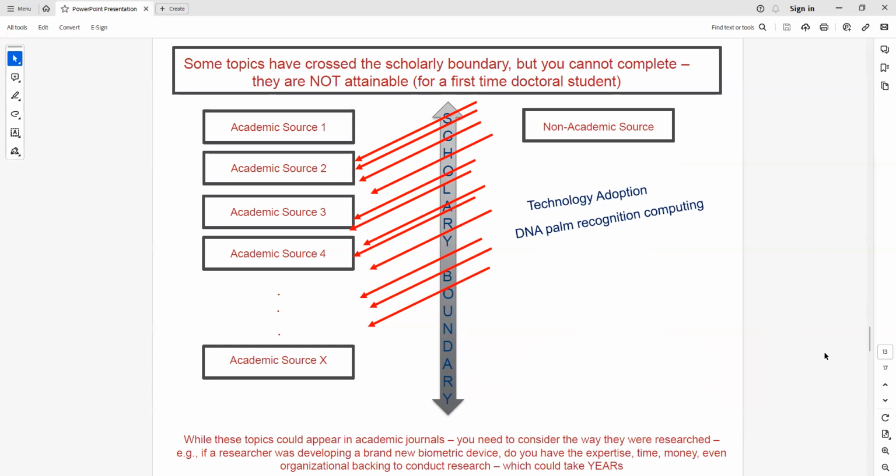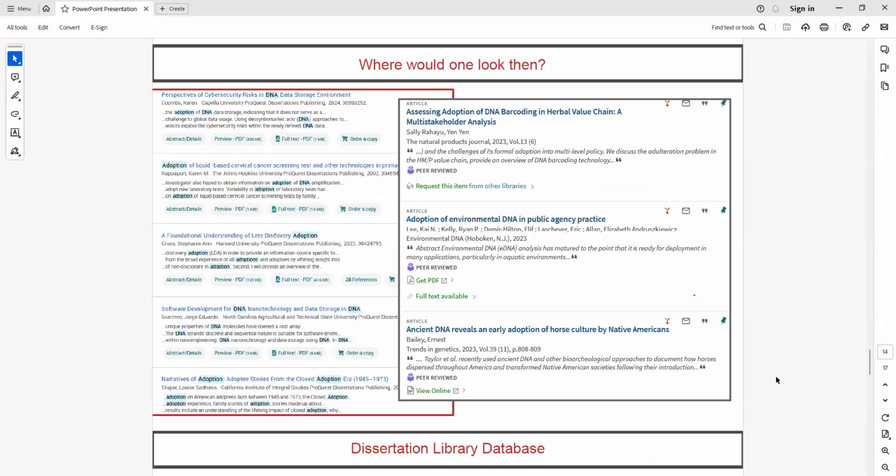So you want to get a topic that's interesting to you, that has information in the literature that is attainable. Well, how do I know it's attainable? How do I know some topic that I am interested in is attainable? The library. I would go to whatever library I use.